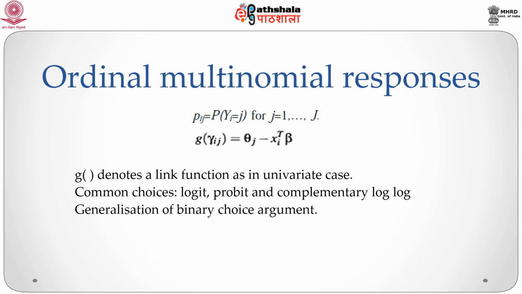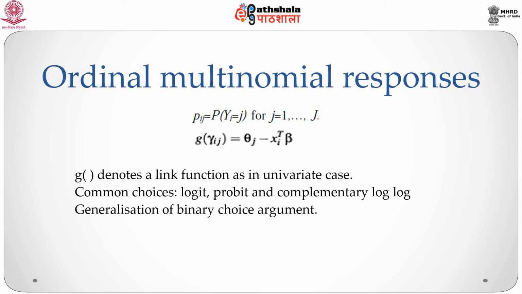Then as with the binary choice model, if we look at the distribution of z, it is possible to show that this gives some indication for the proper choice of link.